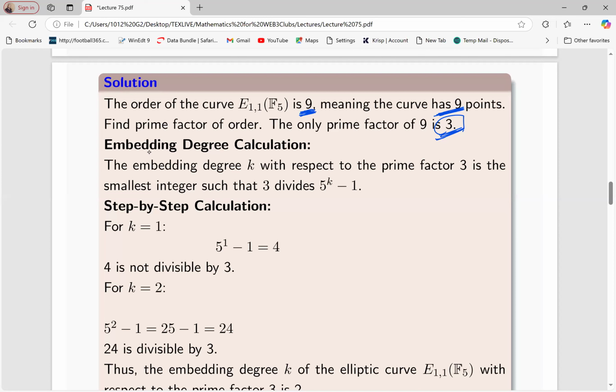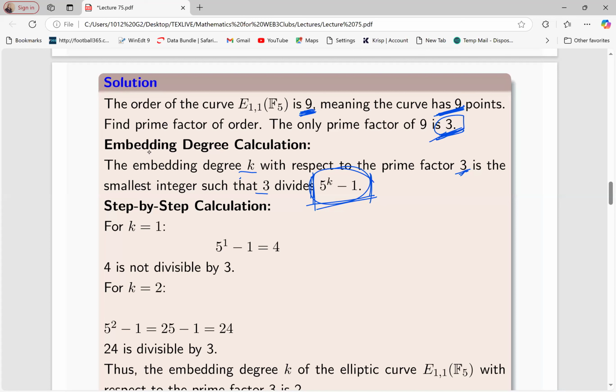So that is why I've said the embedding degree K with respect to the factor 3. 3 is the factor of 9. K should be the smallest integer such that 3 divides this expression. So it is not necessarily the order of the group, but the prime numbers that divide the order of the group.